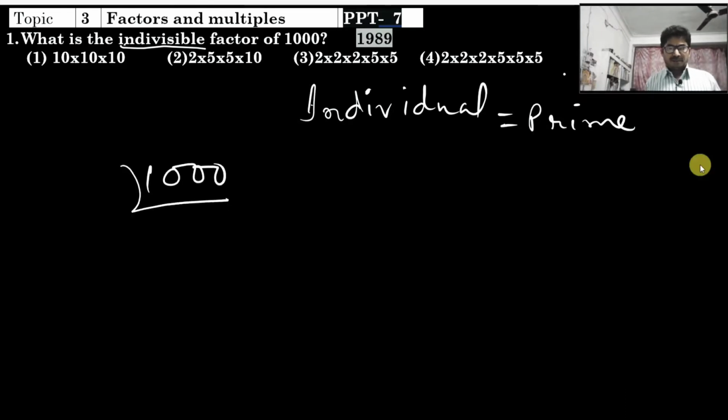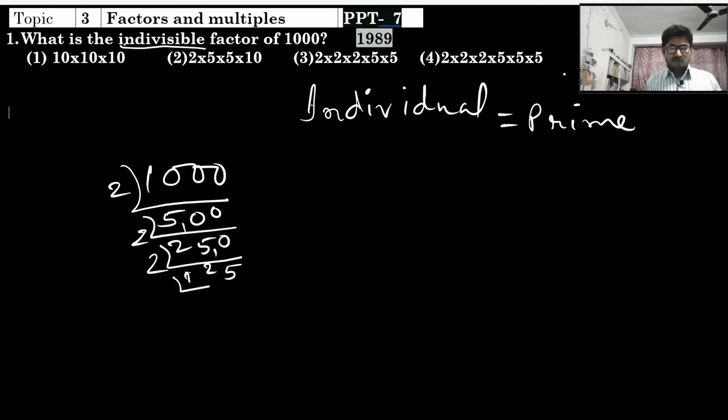Taking prime numbers, we have to divide. 1000 divided by 2 is 500, 500 by 2 is 250, 250 by 2 is 125, remainder 1.